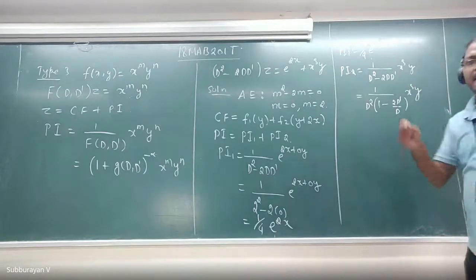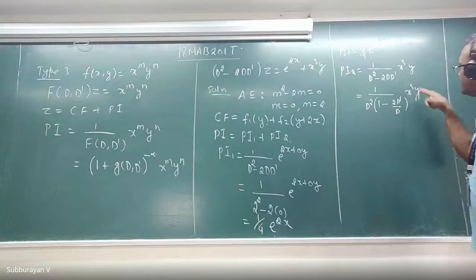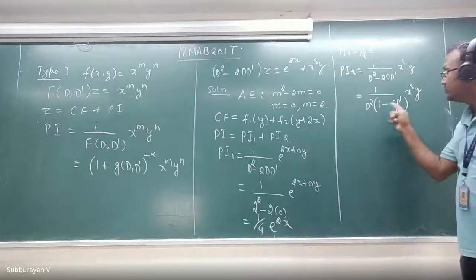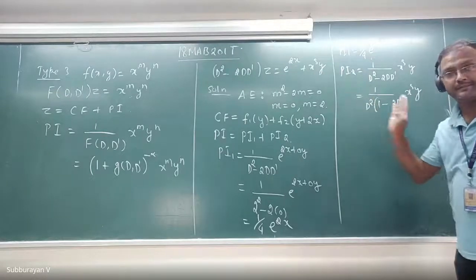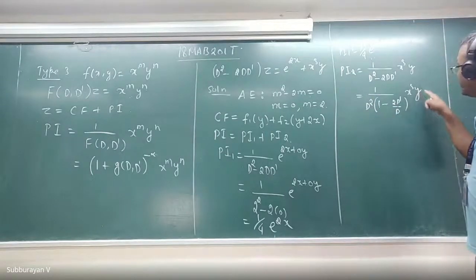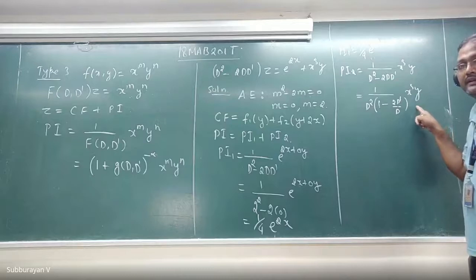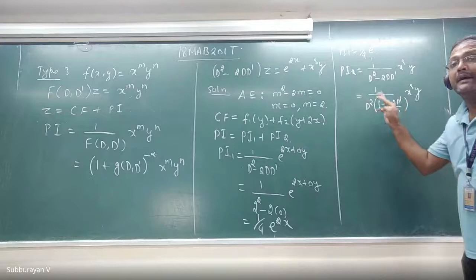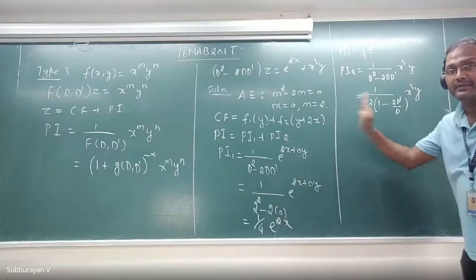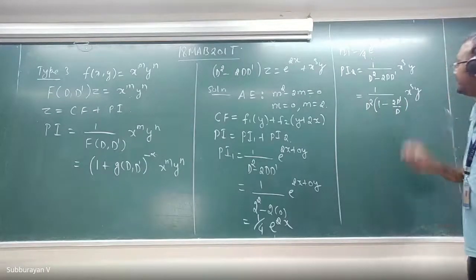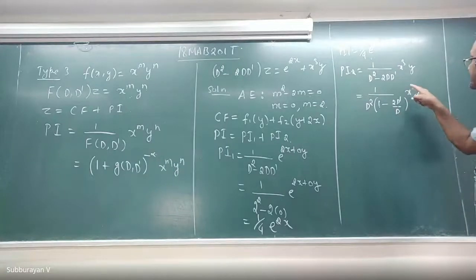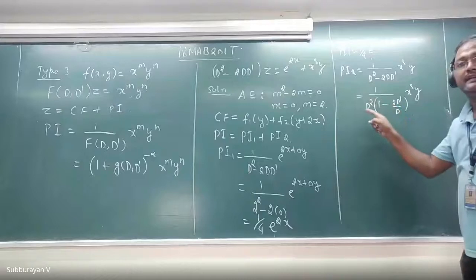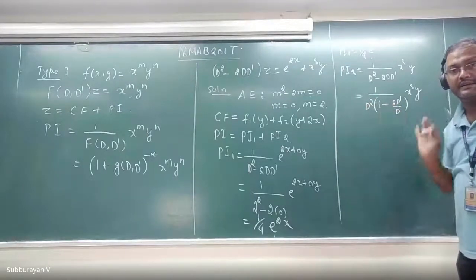Am I right? The clue is, if the power of x is higher than the power of y, you choose the highest power of d outside. If the power of y is higher than the power of x, then choose the highest power of d prime outside. Now look at this. The power of x is higher than the power of y, so I have chosen the highest power of d outside.